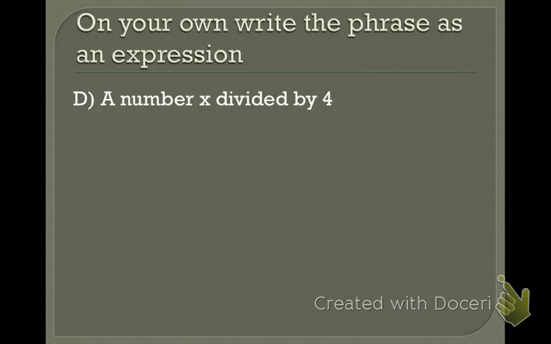I want to see that you're trying these. You're at least underlining, circling, and putting a box around the key phrases, the numbers, and your variables. We have E. We have F. And don't forget, the decreased by is a little bit backwards from the way you would think about it.